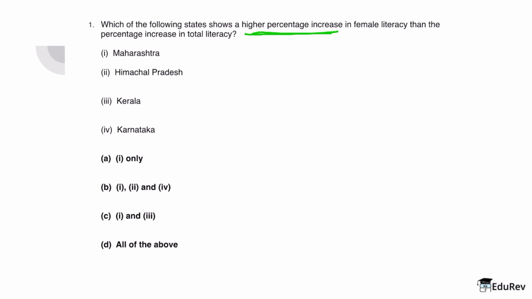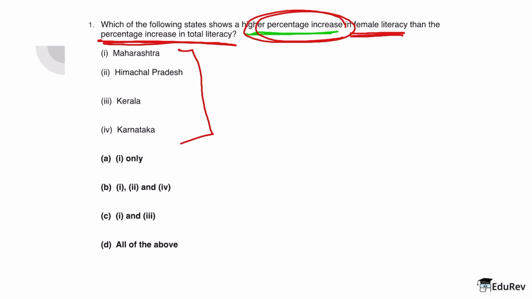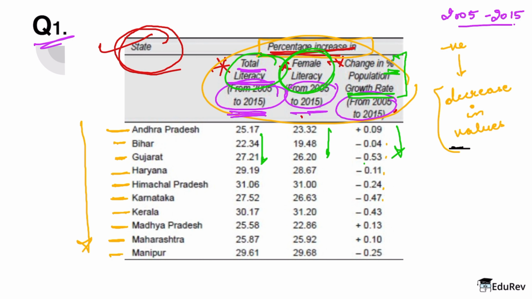So here in the question, what is given? Which of the following states show a higher percentage increase in female literacy than the percentage increase in total literacy? The options are Maharashtra, Himachal Pradesh, Kerala and Karnataka. If I go back here, I can see that out of the options which were given to me, Maharashtra and Kerala are the ones which satisfy the conditions provided.